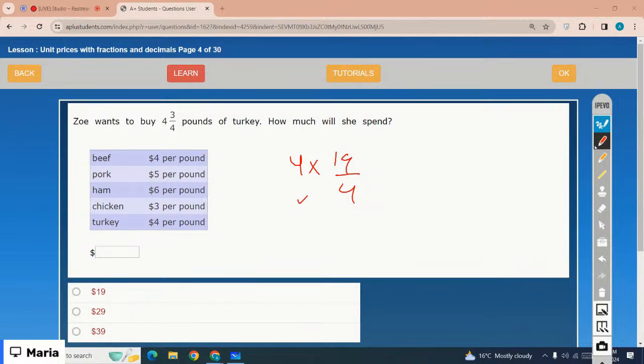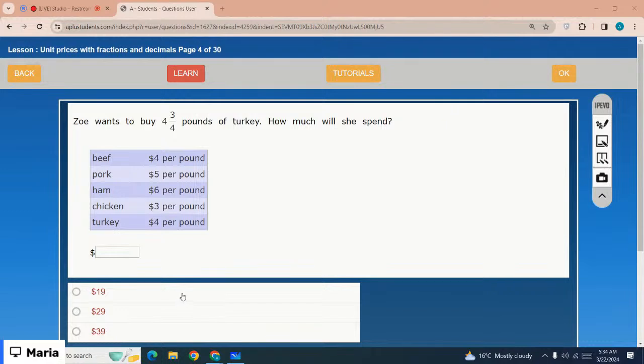The correct option is $19, right? So the correct option is option number one, that is $19.